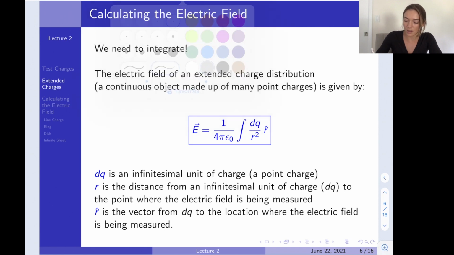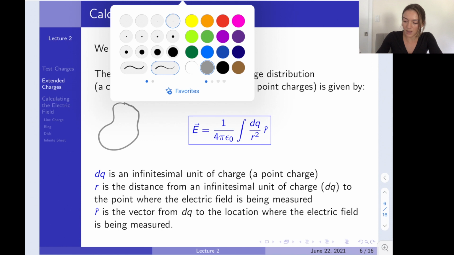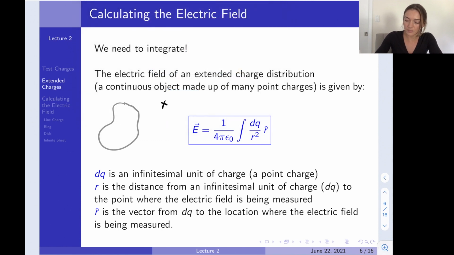So let's say I have some weird shape like this, and I want to find the electric field out here. My R would be from each point in this charge distribution. I will calculate the distance from that dq, this little point charge, to the point where I'm measuring the electric field. And I will also calculate the unit vector r hat.